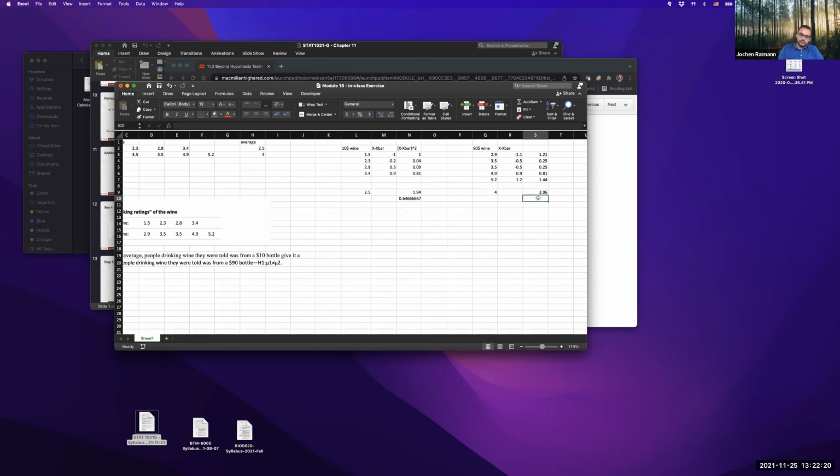If we do the same function here, we take this sum of squares and divide it by the bracket open count of S3 to S8, minus 1. This will get us to our variance.